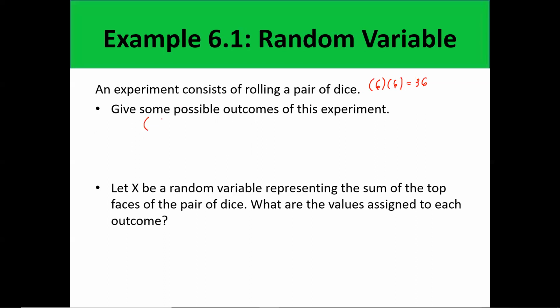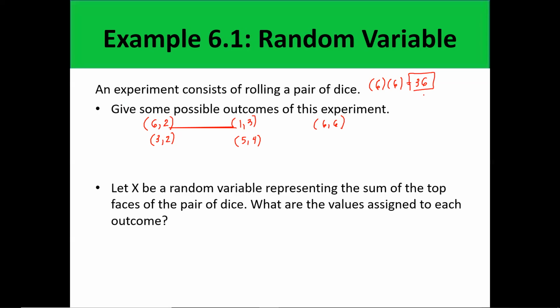It could be that the outcome is 6 comma 2, or it could be 3 comma 2, or 1 comma 3, 5 comma 4, or 6 comma 6. So these are just 5 possible outcomes out of the total of 36 outcomes of the experiment.